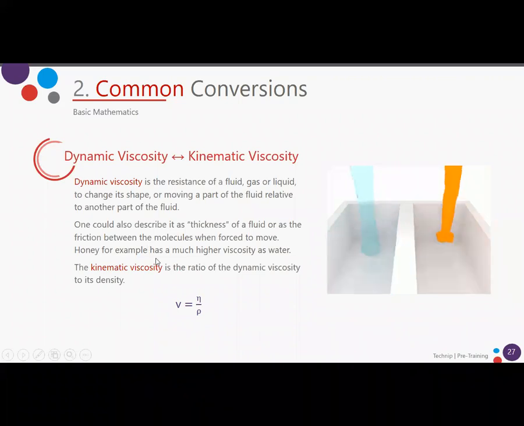Honey, for example, has a much higher viscosity than water. One could see that on the left side you see water, and on the right side, well, we could say this is honey, no? And how differently they move because of their viscosity. So that's the dynamic viscosity. And the kinematic viscosity is the ratio of the dynamic viscosity to its density.